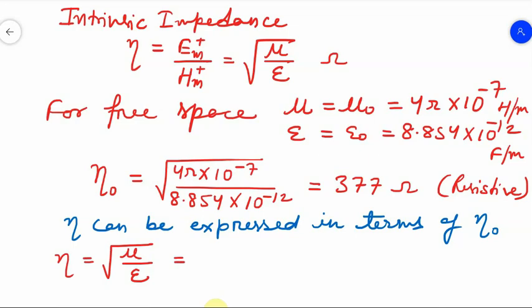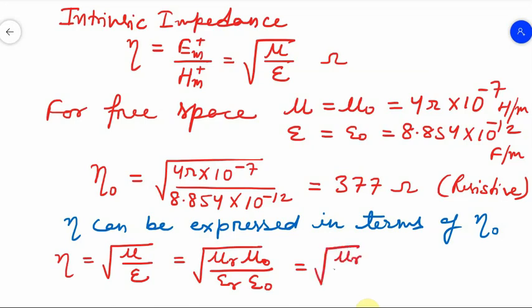We know that for any medium mu equals mu r into mu 0, and epsilon equals epsilon r into epsilon 0. So from here we can separate it: we can write root of mu r upon epsilon r, and root of mu 0 upon epsilon 0.